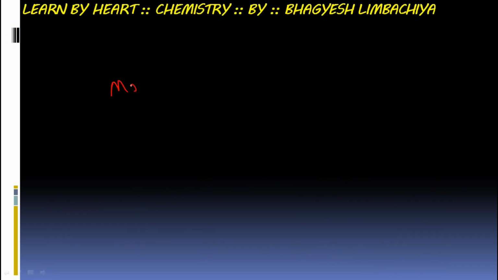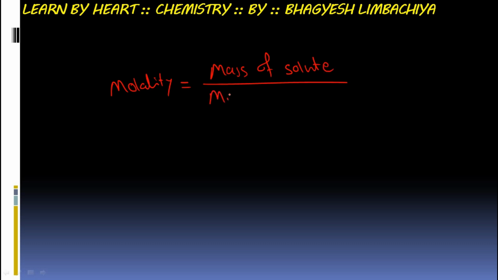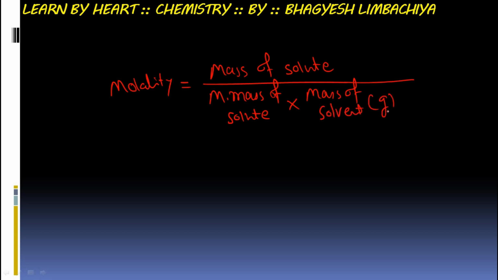So molality can be calculated by using the formula mass of solute divided by molar mass of solute at denominator mass of solvent in kilogram, but if we take in a gram then we have to multiply by 1000 at numerator.